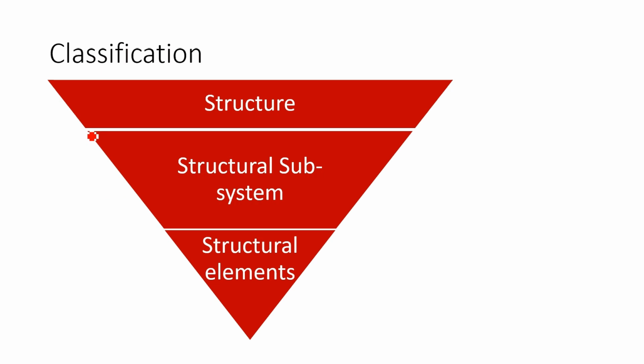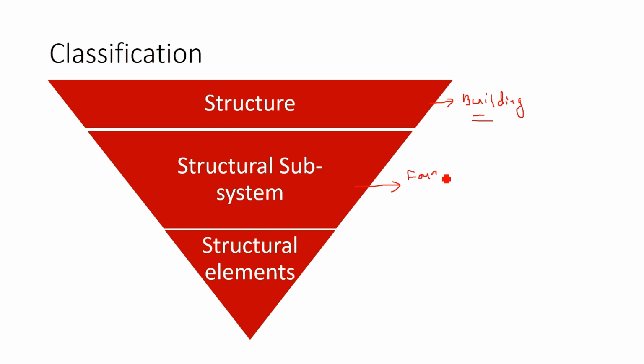So let me take the process of structures. The structure is a very big thing, a very vast concept. For example, for structures you can consider a building. Then the structure is actually a combination of structural subsystems. So if your structure is a building, what we define as structural subsystems, we can say a foundation.